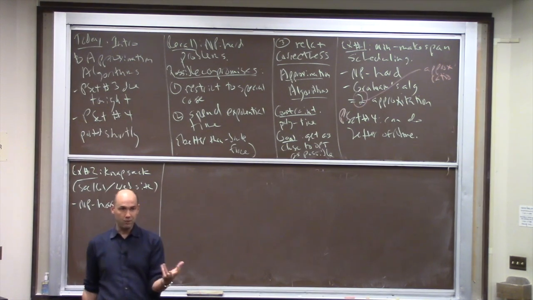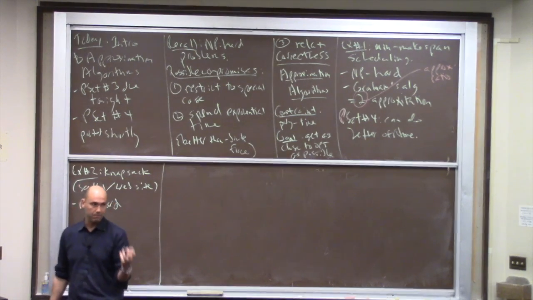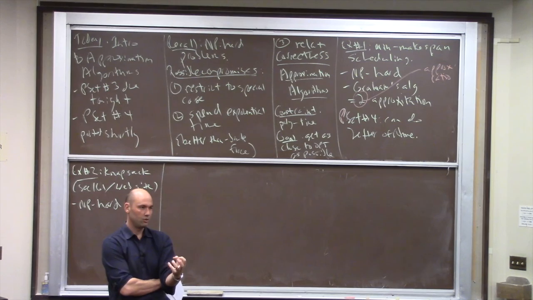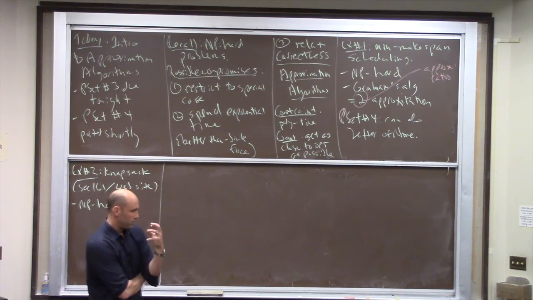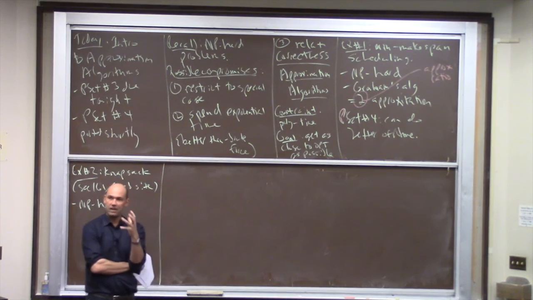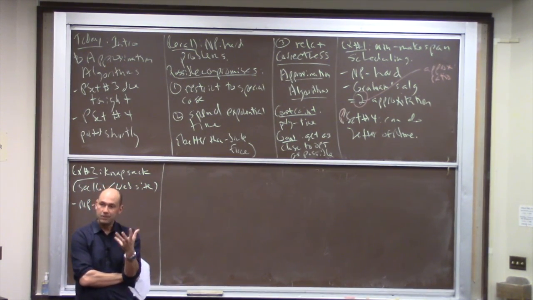So the input size is logarithmic in the magnitudes of the numbers. The input size is the number of digits needed to write down all of the numbers in your problem. So polynomial input size means polynomial in the number of objects plus the number of bits necessary to represent all the numbers. And the knapsack algorithm is not polynomial in that sense.